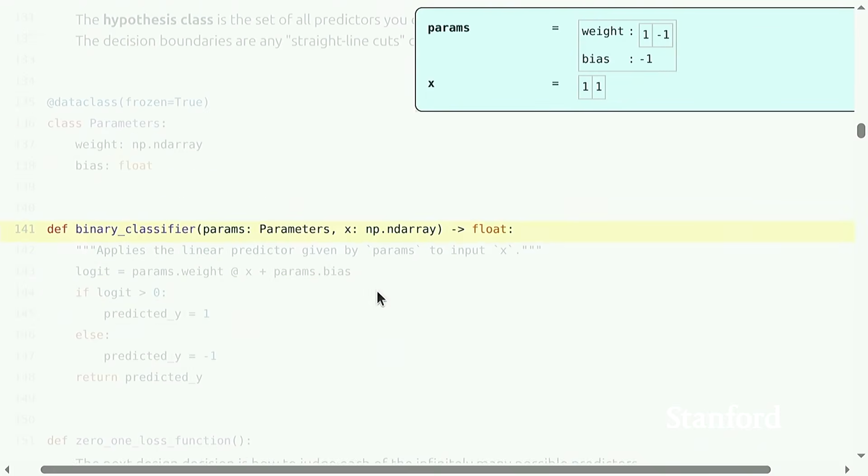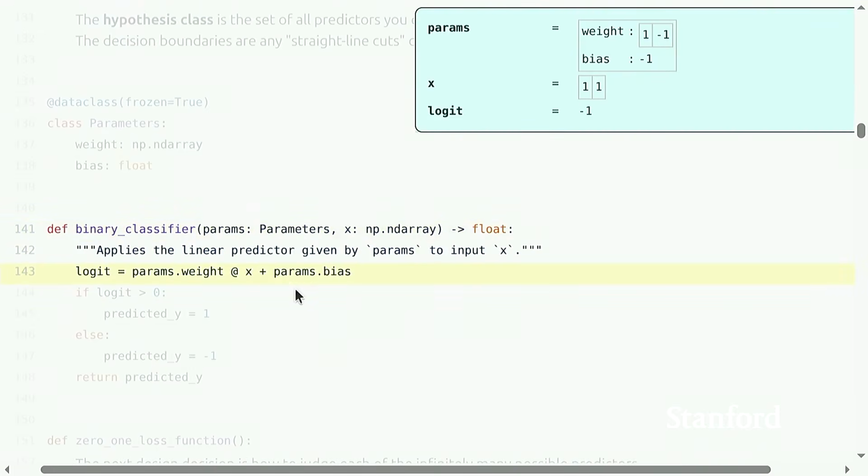And I'm going to define the predictor, which takes these parameters and an input and makes a prediction. So what this binary classifier is going to do is take parameters and an input, and compute what is called a logit. It just takes the dot product between the weight vector and the input vector and adds the bias. So in this case, I have 1 times 1 plus -1 times 1.